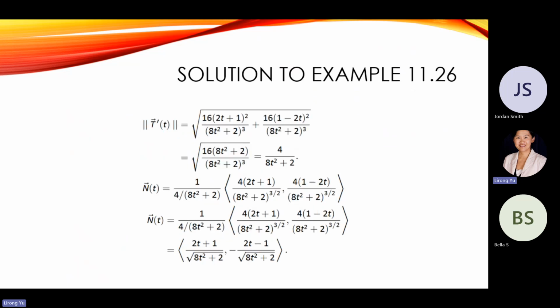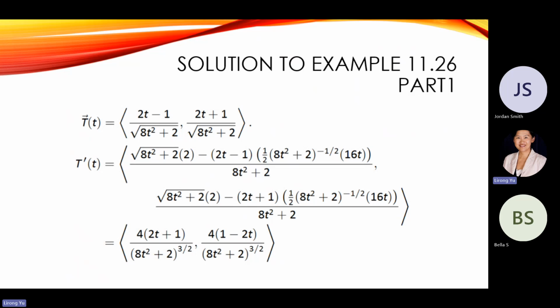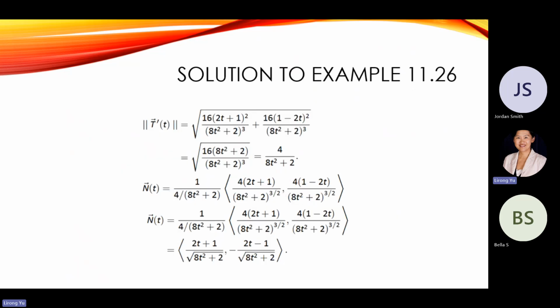And here we have the normal vector. It is (2t plus 1) over the magnitude, and then negative (2t minus 1) over the magnitude of the derivative. So we have a very interesting relation. The top formula is the unit tangent vector. In this page, the bottom formula is the unit normal vector. So it looks like the x and y are being switched. Do you notice that?